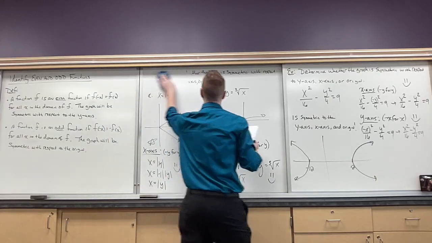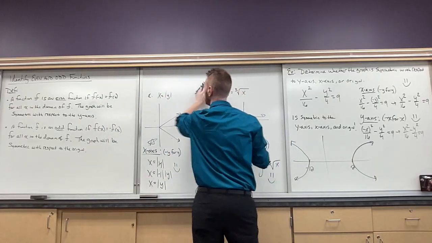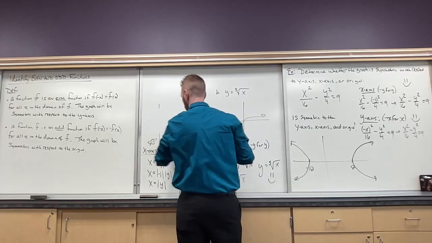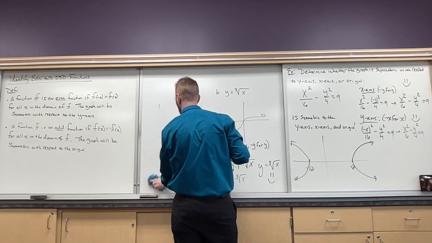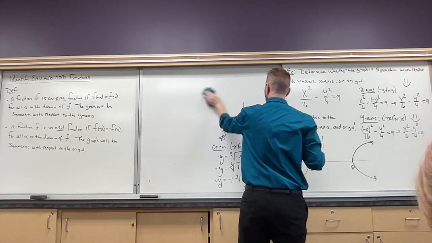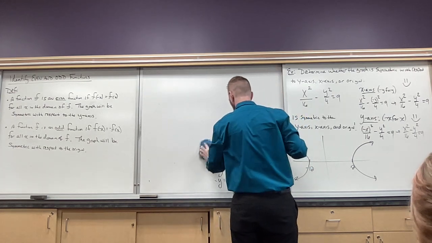So let's try some out. And here's what we're going to do. We're going to try it with a graph first and identify it. And then after the graph, I'm going to show you how to do it algebraically.